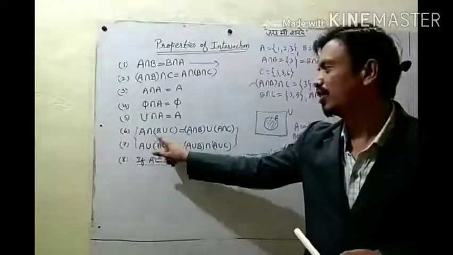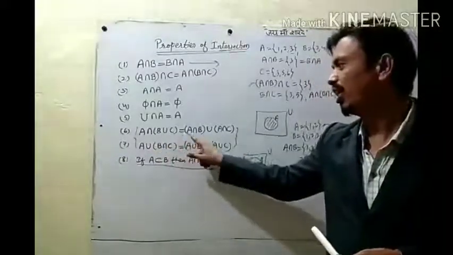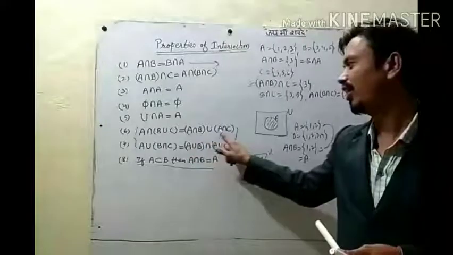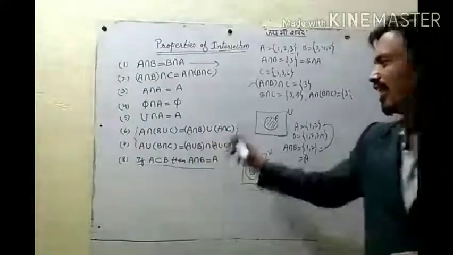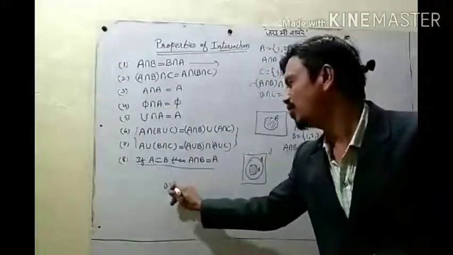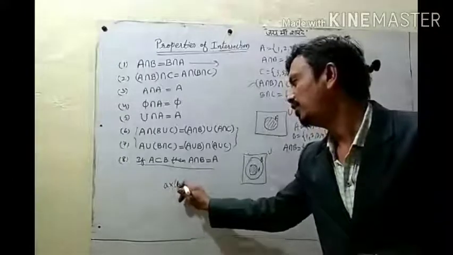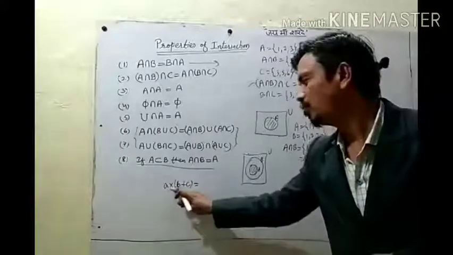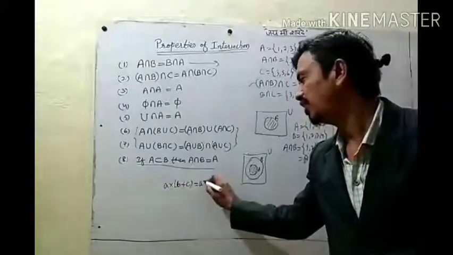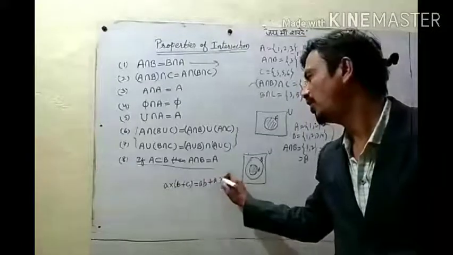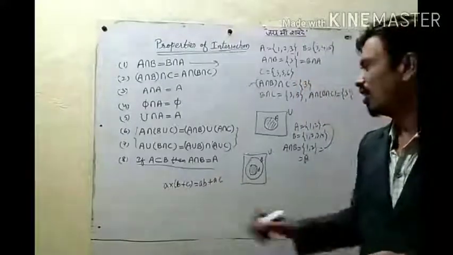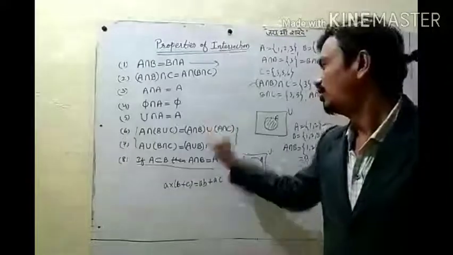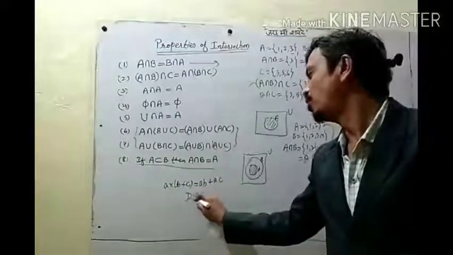A intersection (B union C) is equal to (A intersection B) union (A intersection C). It is like our A into (B plus C), what can we write? A into B plus A into C. This property is known as the distributive property.